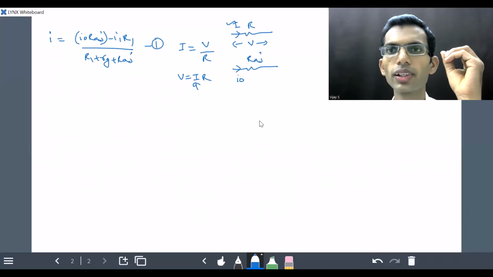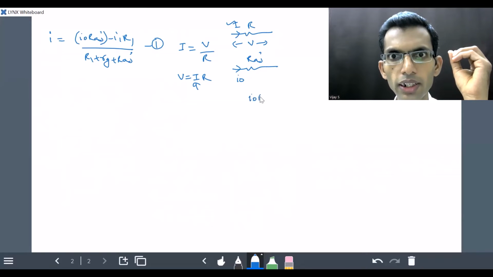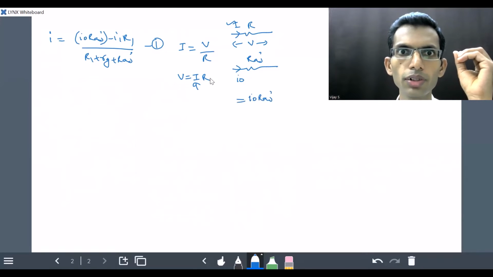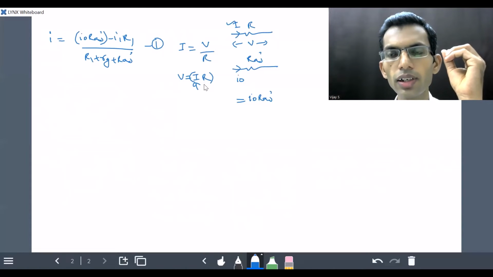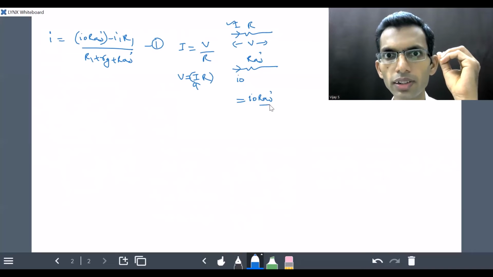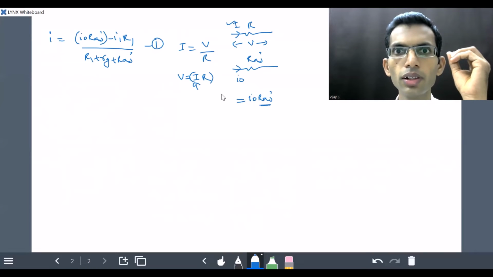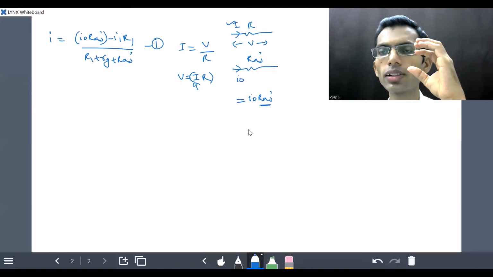Clear? So the product I0 RAJ, from Ohm's law, represents the potential difference across the resistance RAJ.